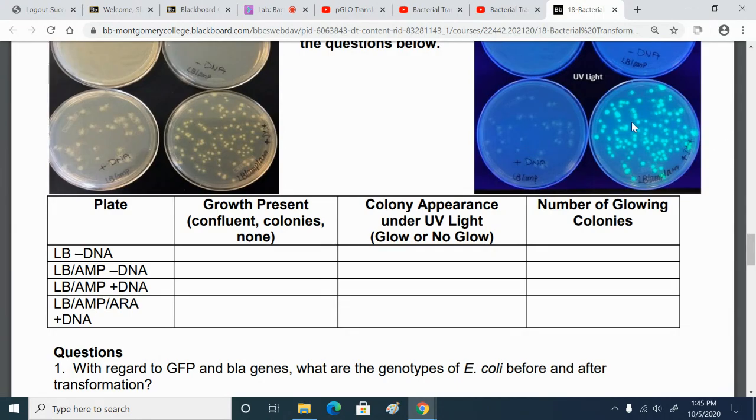How come these bacteria are green and these are not? And we got part of the answer, arabinose, but we need more details. Does it contain the ARAC protein? Well, they both do.